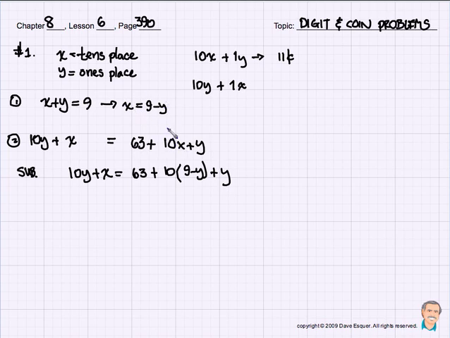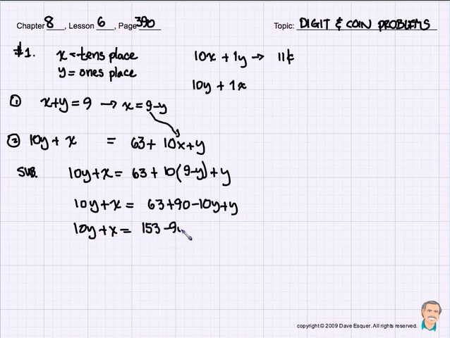I'm substituting here: wherever there's an x, I'm going to substitute 9 minus y. So we have 10y plus x is equal to 63 plus 90 minus 10y plus y. So 10y plus x is equal to 153 minus 9y.